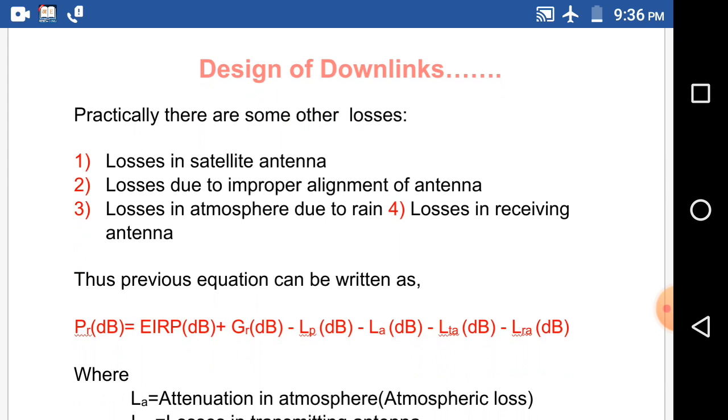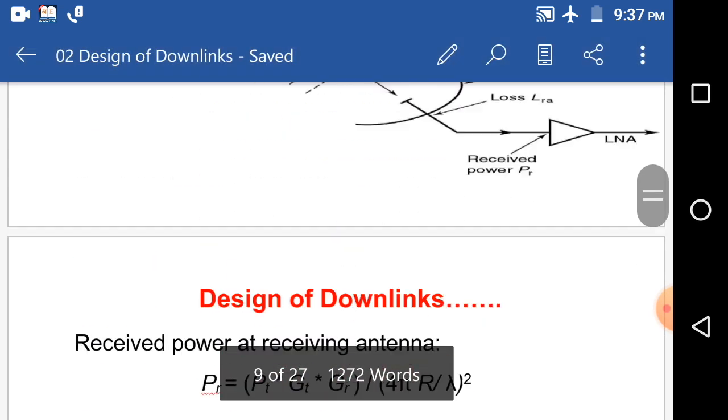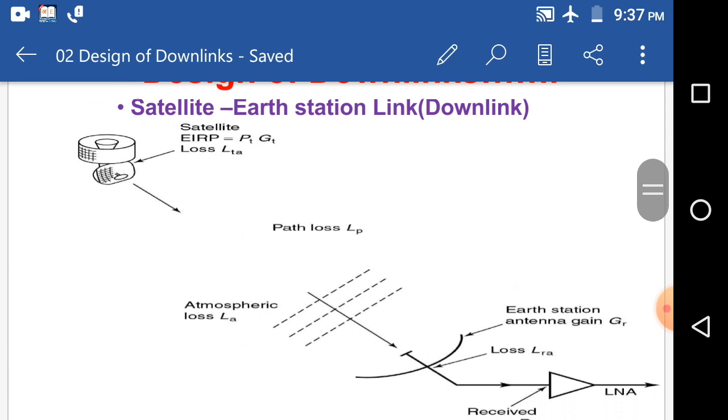If we check the downlink block diagram in the figure, you can see carefully there are many losses in the system. First is the satellite antenna loss. Second is the path loss. Third is the atmospheric loss, and fourth is the receiver antenna loss.